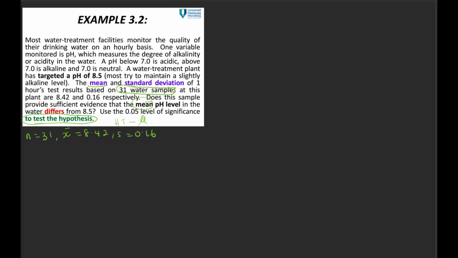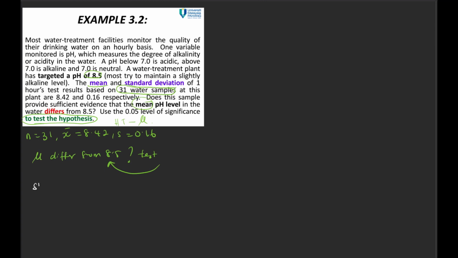The mean pH level here is the population mean, which differs from 8.5, so you have to test this statement: mu differs from 8.5.